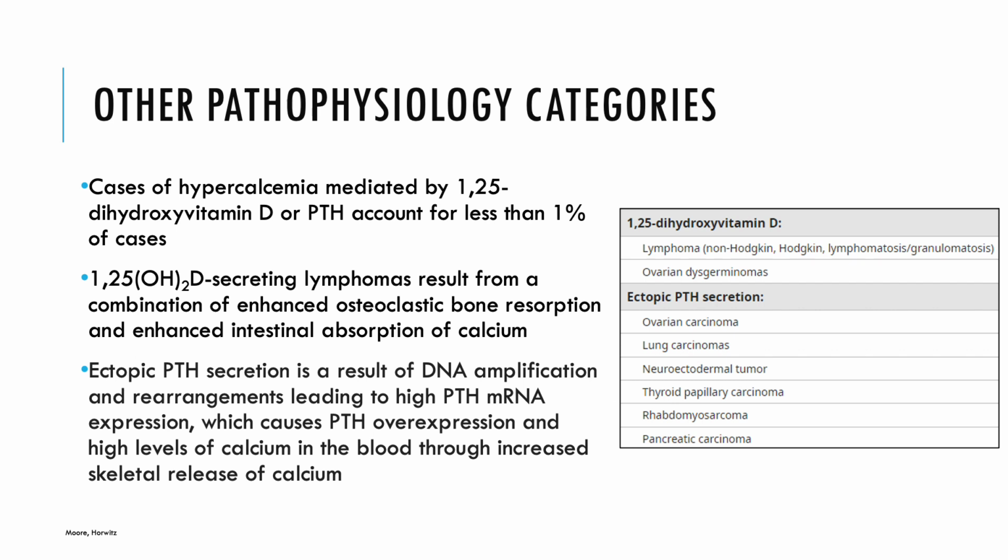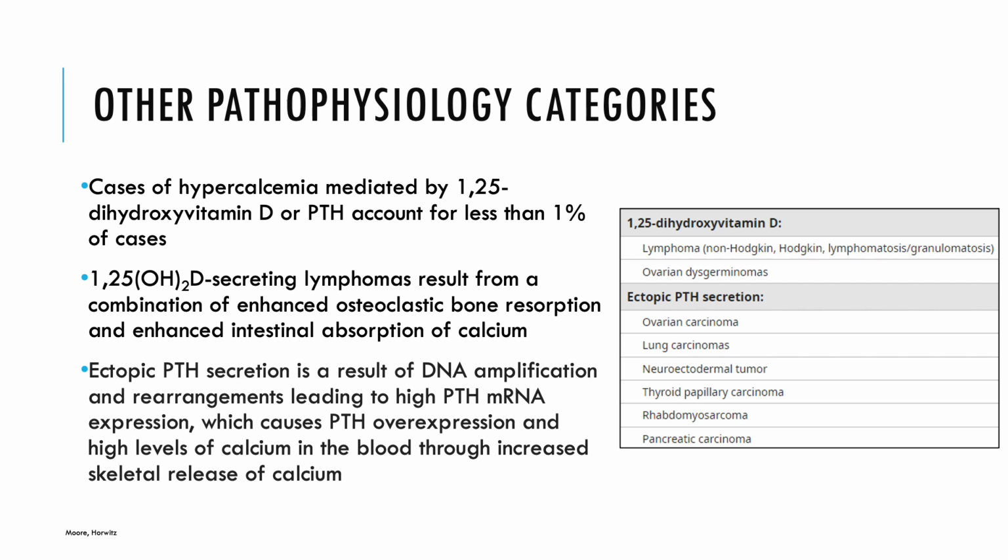The mechanisms are listed here, but we have our calcitriol secreting lymphomas that result in a combination of enhanced osteoclastic bone resorption and enhanced intestinal absorption of calcium. Or we have our ectopic PTH secretion that's generally a result of DNA amplification and rearrangements that cause high PTH mRNA expression and lead to parathyroid hormone overexpression and high levels of calcium in the blood by increased skeletal release of calcium.